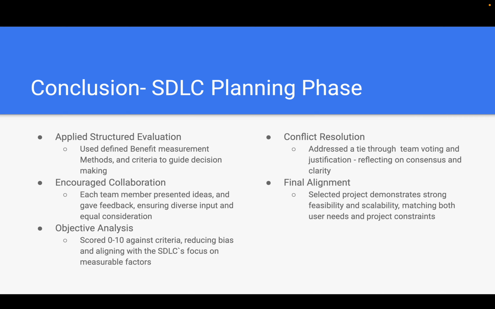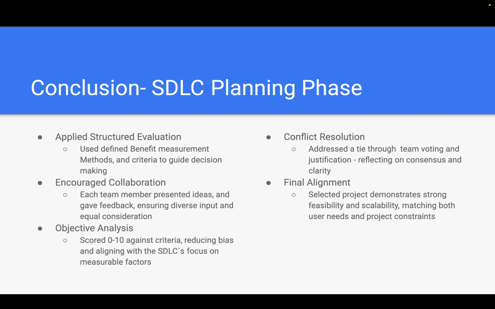We also kept our analysis objective. Projects were scored on a 0 to 10 scale against the criteria we had agreed upon. This reduced bias and kept us aligned with the SDLC's focus on measurable factors rather than just personal preferences.